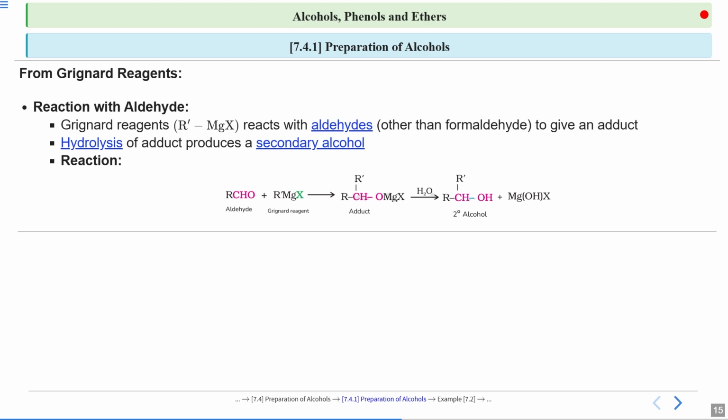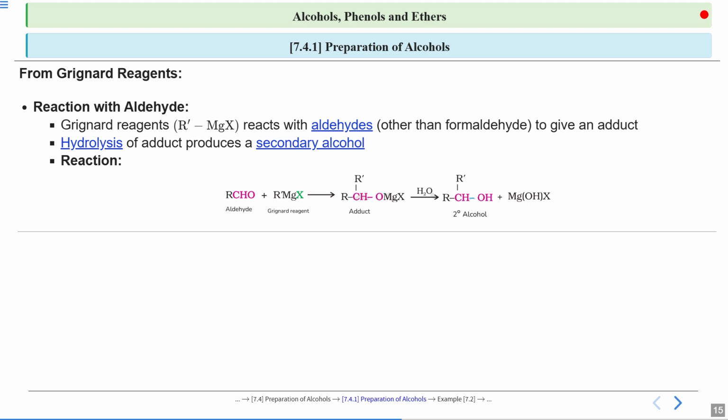Now this adduct, when undergoing the hydrolysis process with the water molecule, is going to produce a secondary alcohol, because here you can clearly see OMgX is present in the adduct, so MgX is going to be removed from here, and the OH is going to be present at the carbon.